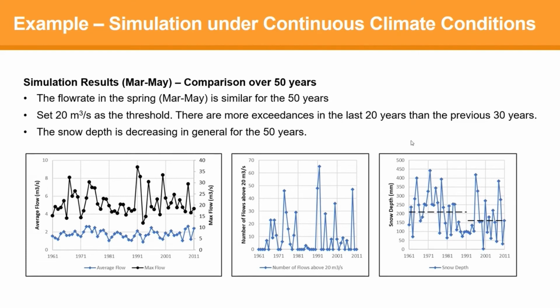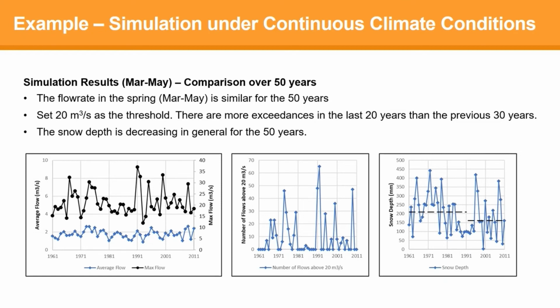The snow depths, right? For the snow depths, you see that the change is very clear. That black dashed line is the average of the previous 30 years, and this is the last 20 years. So you see a decrease. Even if I don't draw those lines, you can see a decreasing trend over those 50 years.